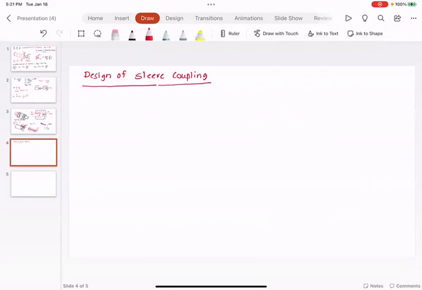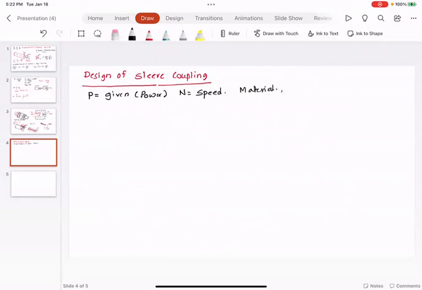So typically, when you design the sleeve coupling, the power would be given. Speed would be given. The material would be given.